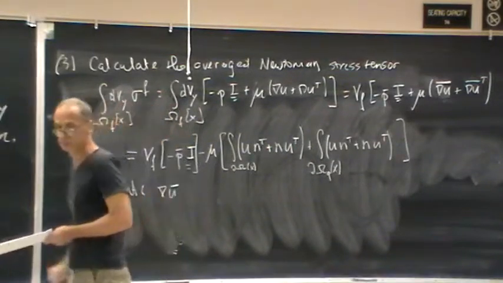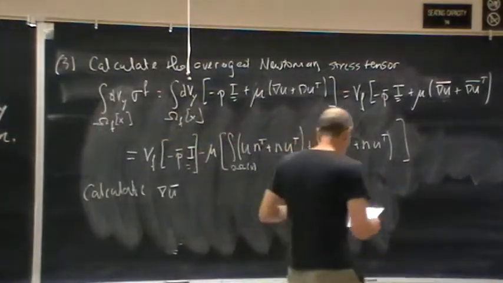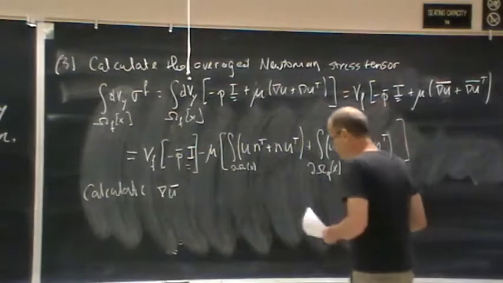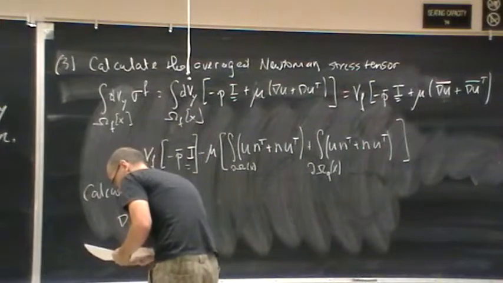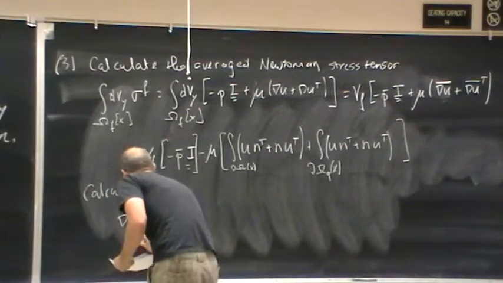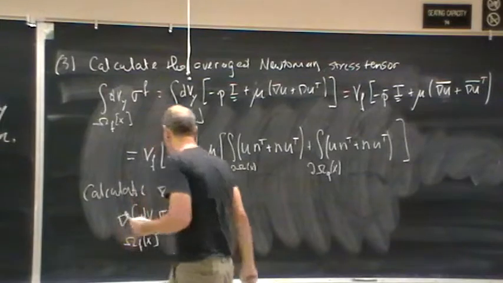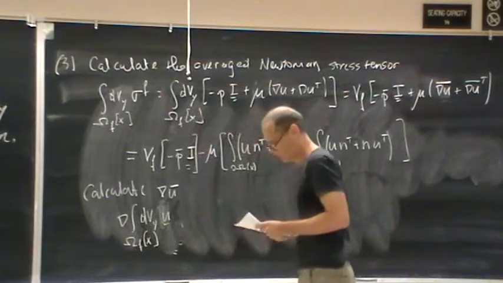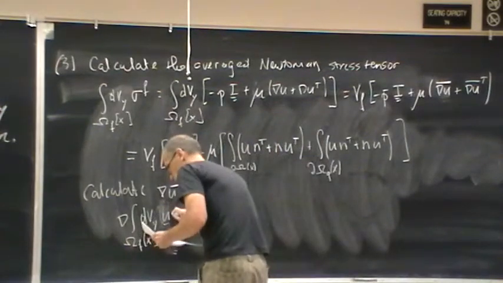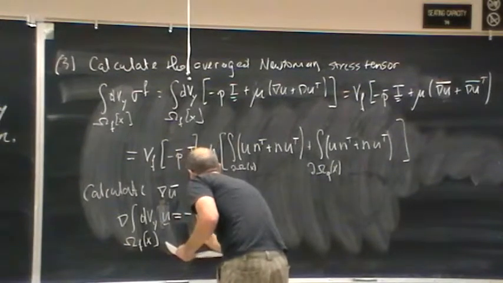Okay? So what I want to do is calculate instead grad U bar. Okay, so you get to calculate grad U bar. And so if you look at grad of the integral over omega f of x of dy, u, it turns out to be equal to minus the integral over del omega of x.